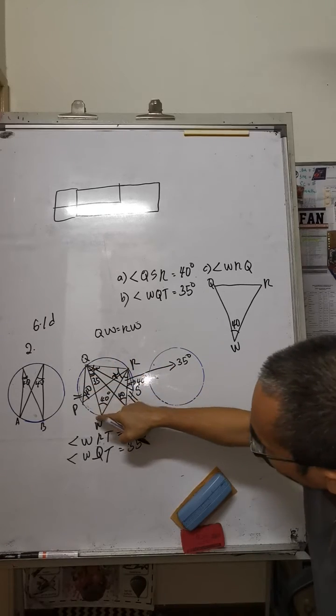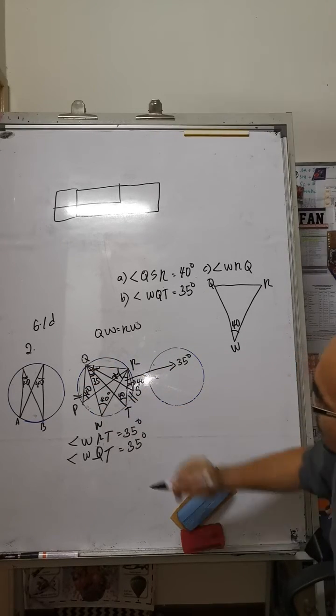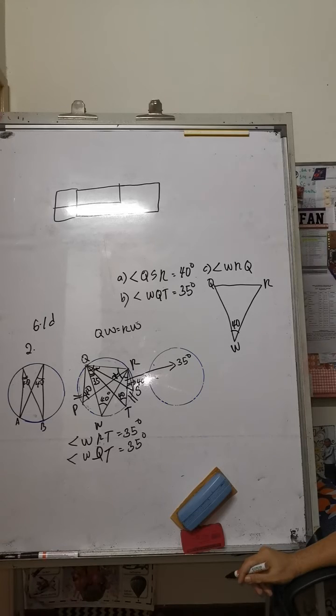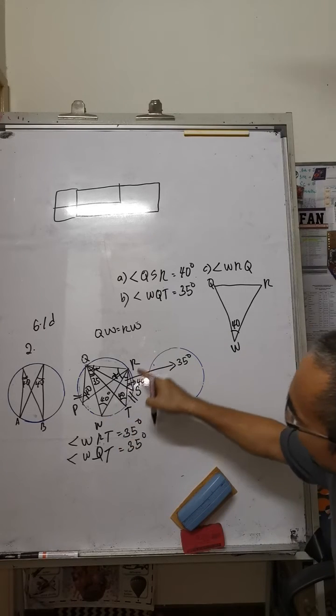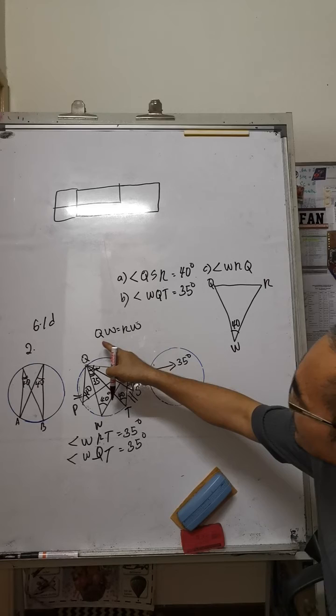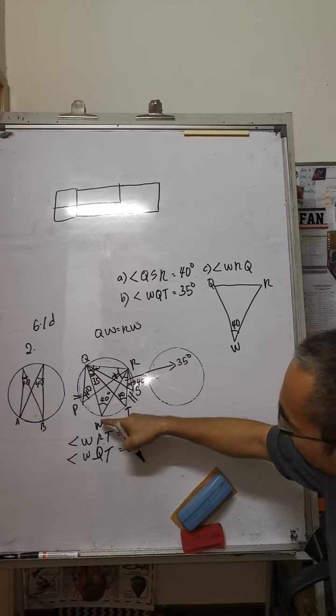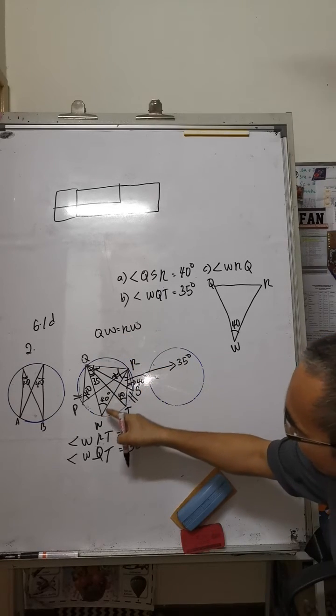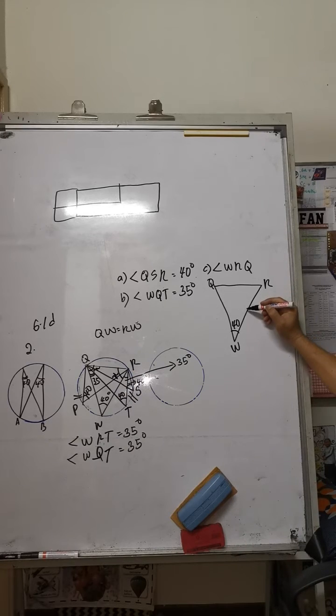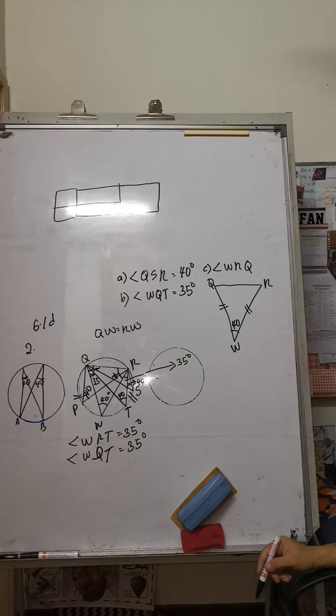Since arc QW is equal to arc RW, the straight line QW is equal to the straight line RW. So it means this is an isosceles triangle.